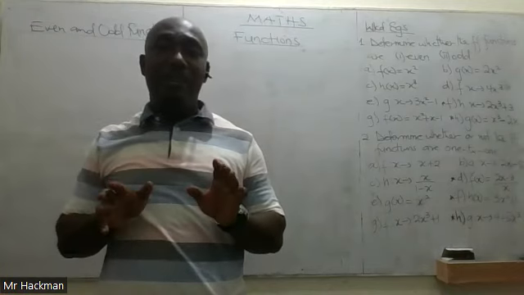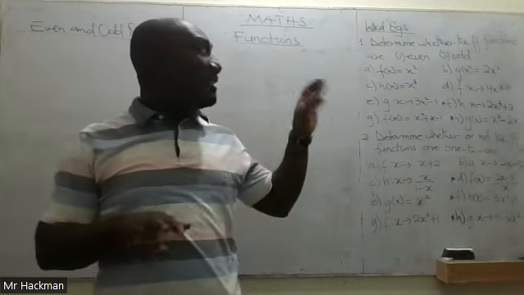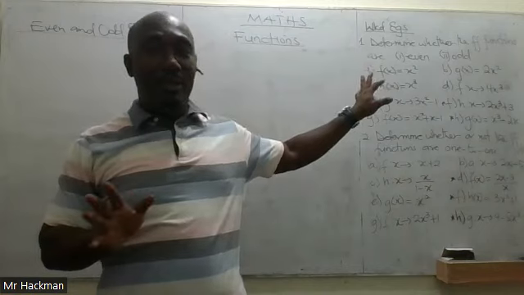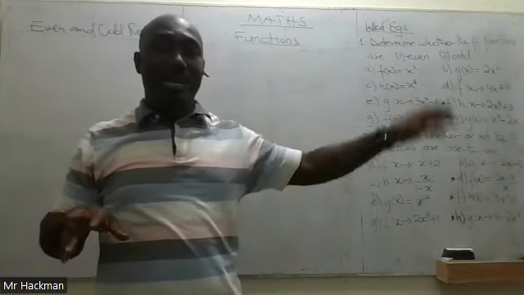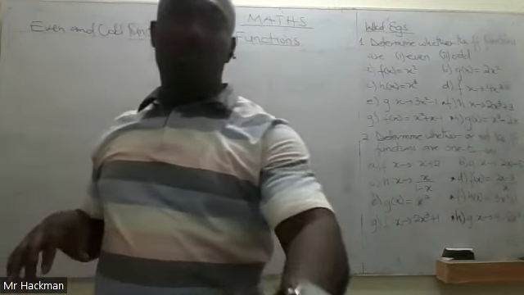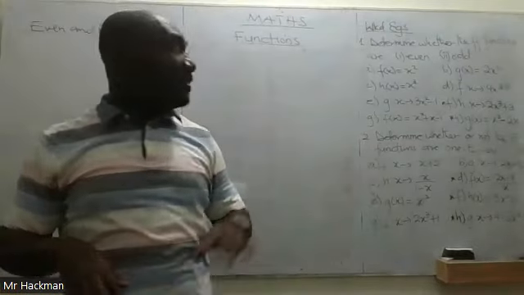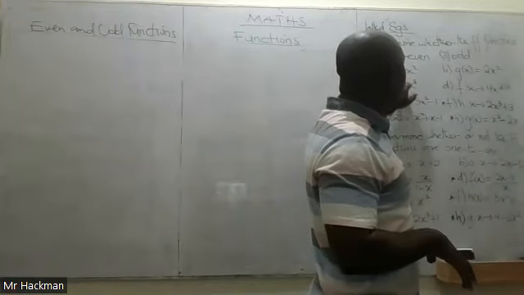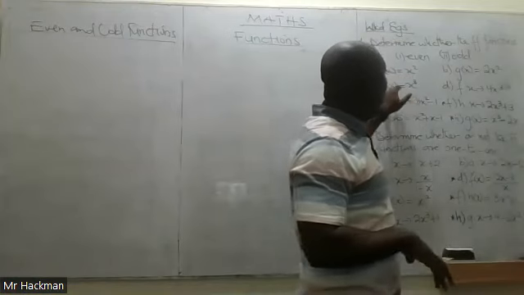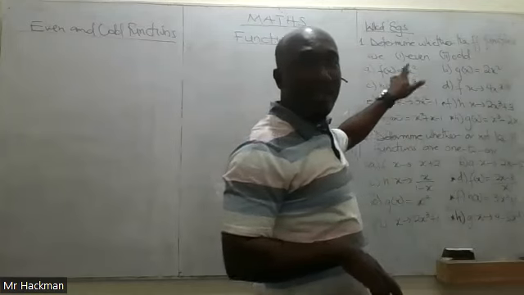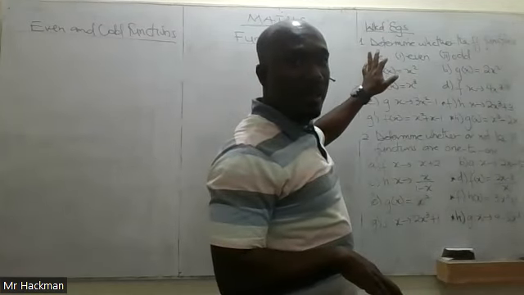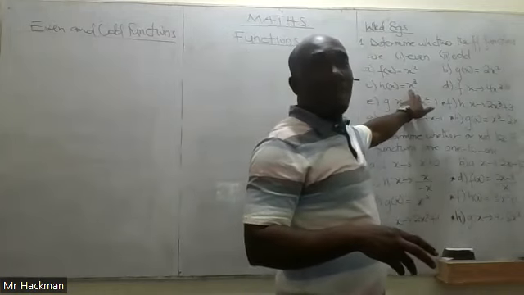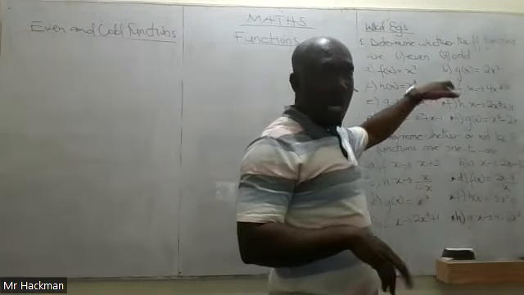So if it's an objective question and you are asked to determine that, and it's just a one variable term function, please just look at it and pick the answer. Assuming I give you these functions and ask which of the following is odd, you go to the one with the odd power and pick that one.